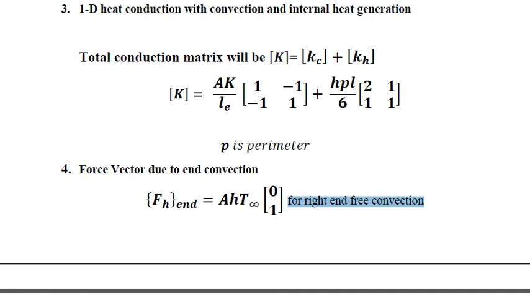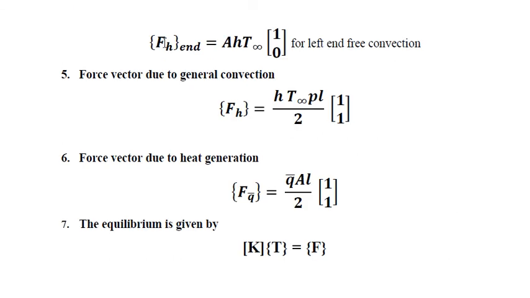Similarly, for end convection the force vector is written as A H T infinity into [1 0]. Instead of writing 0 1, we write 1 0 if the left hand is having free convection.